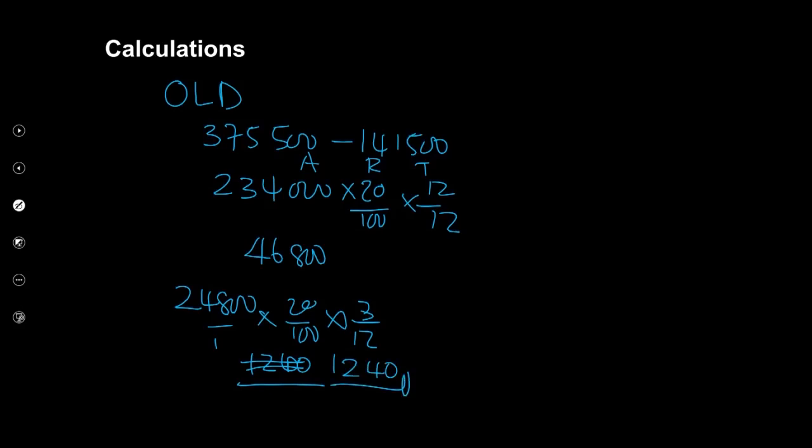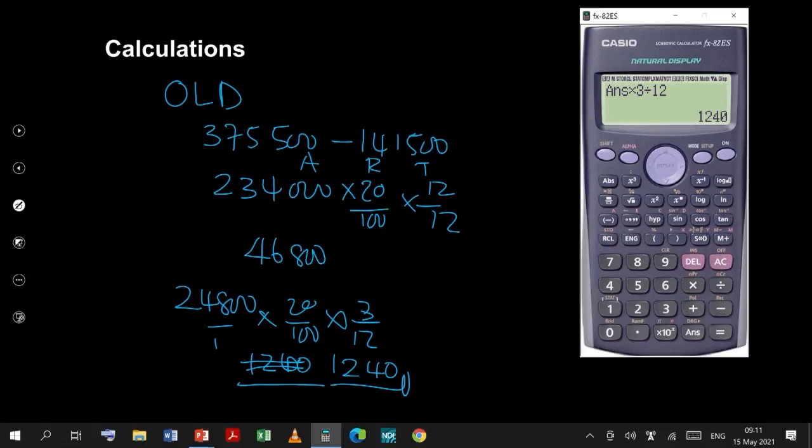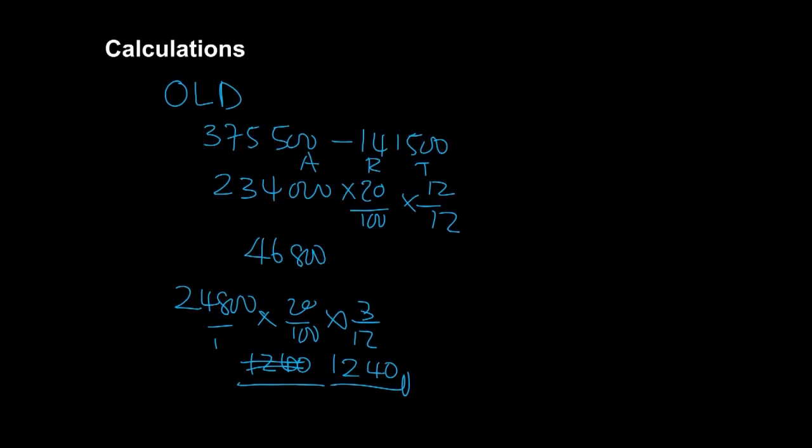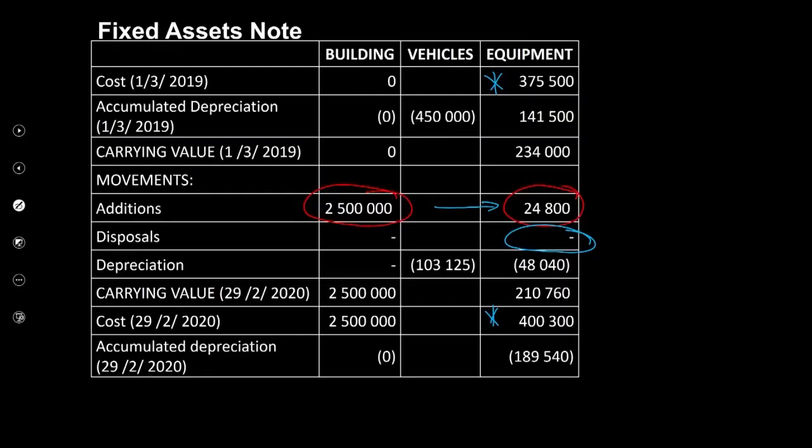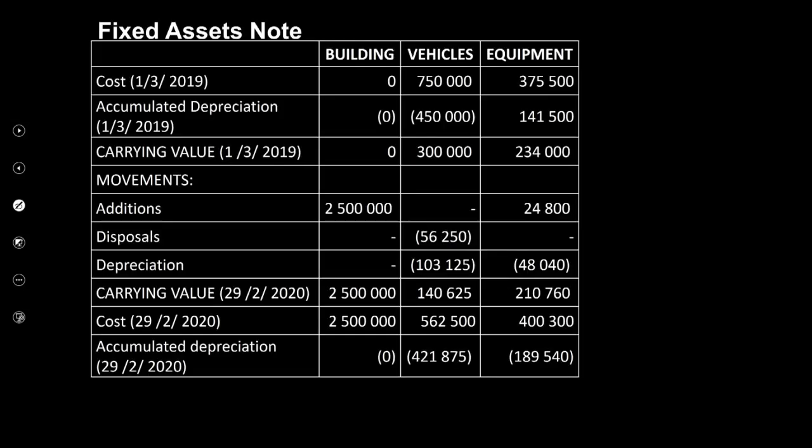So therefore, I take the 1,240 plus the 46,800, and that will give me 48,040 as my depreciation figure. There we go, 48,040. So what have we done?